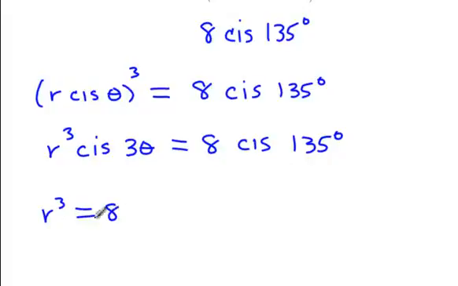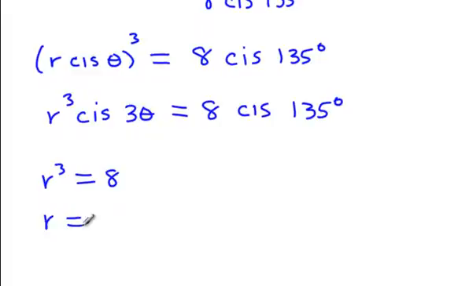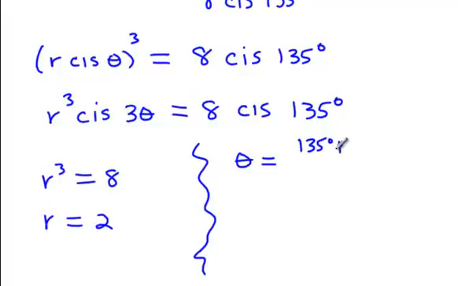And if r cubed is equal to 8, taking the cube root of both sides, we know that our r value is equal to 2. That's the easy part. Now we need to come up with our angle measures. So I know that our angle measures will equal 135 plus 360k divided by n, which in our case n is 3.